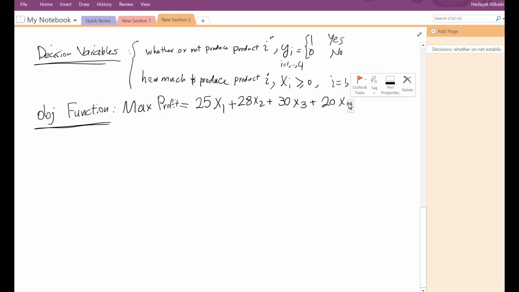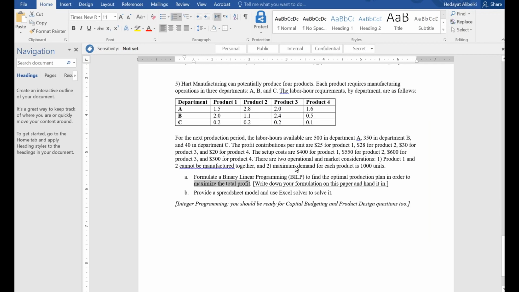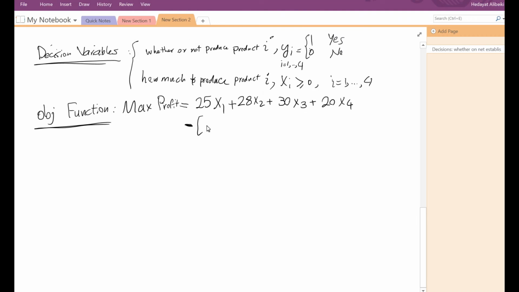And then there is a setup cost. So this is our variable profit minus the setup cost. The setup cost is 400, 550, 600, and 300. 400 for product 1, so we incur this cost if y1 is equal to 1. If it's 0, it's going to go away. It's not going to be a part of our cost.